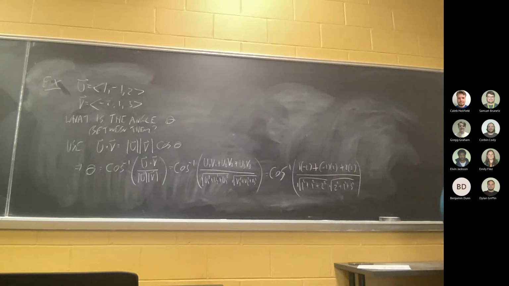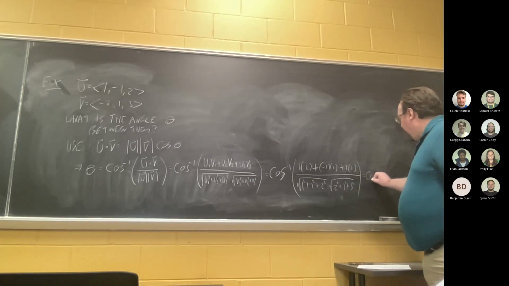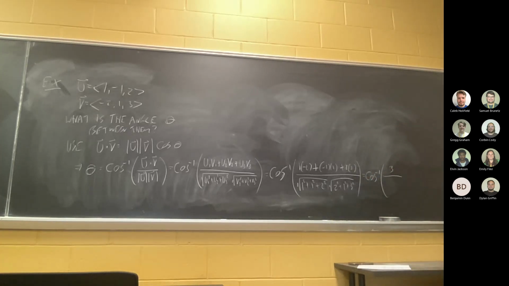So the minus 2, minus 1, plus 6: the dot product of U and V turned out to be 3. Then we have square root of 6 for the magnitude of U, square root of 14 for the magnitude of V. And what you end up getting from all this is roughly 1.24 radians, or 70.9 degrees.